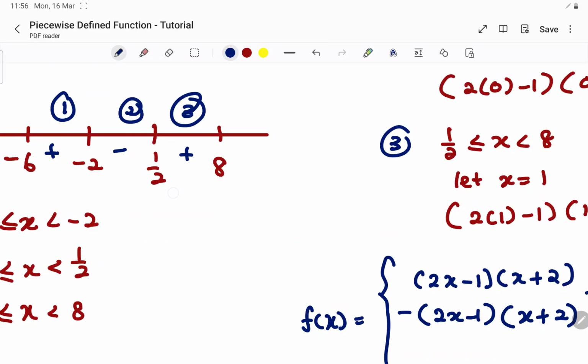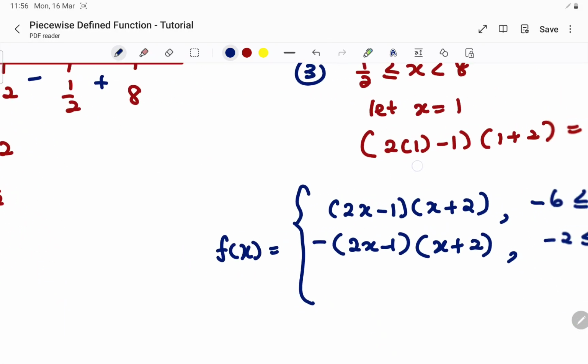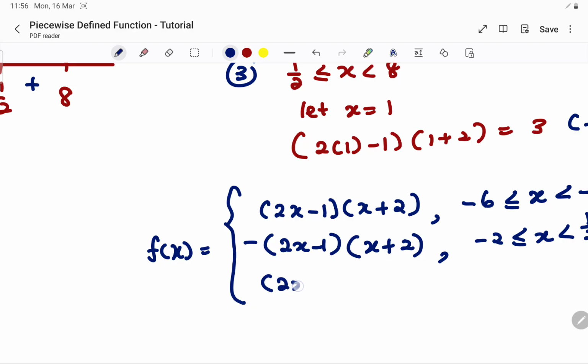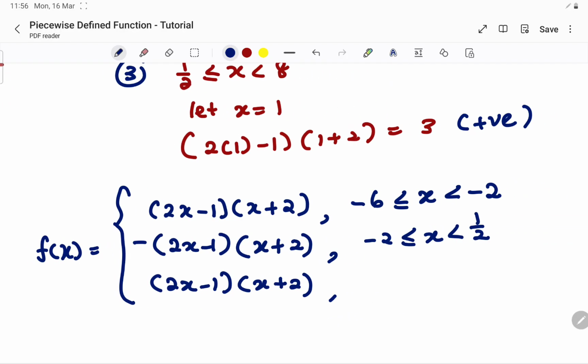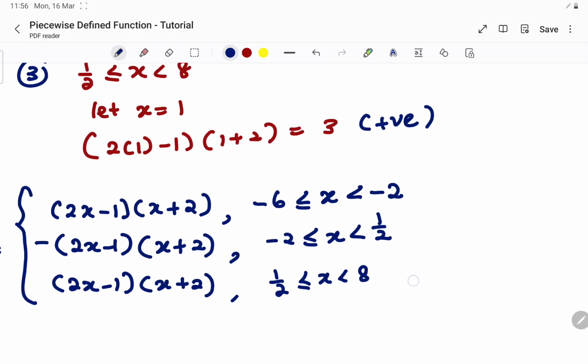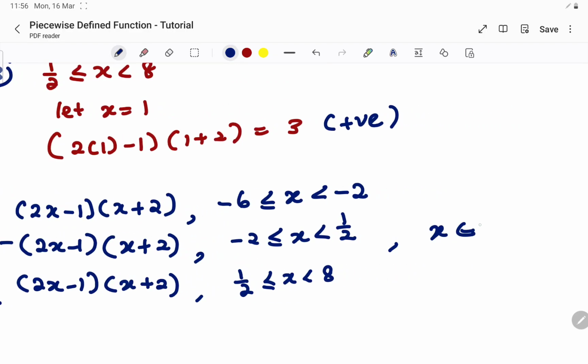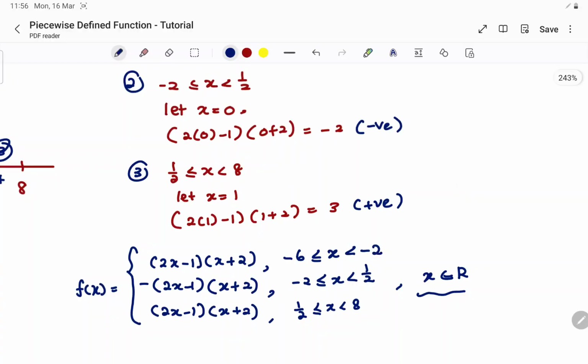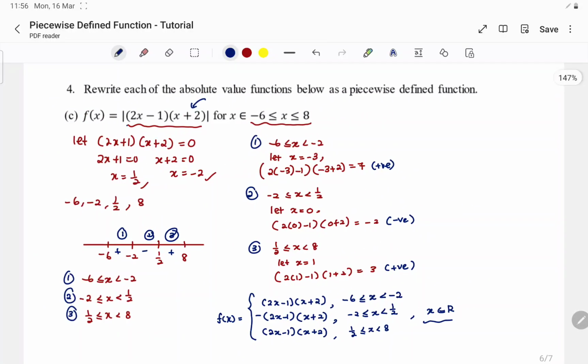The next region we have 1 over 2 until 8, we have positive, so you put positive again, no need to put the sign. And then here you're going to get 1 over 2 until 8. Then whether this belongs to R, no need to put, or can also, doesn't matter. So this is your answer for this question.